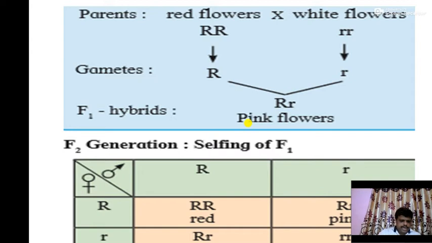When the F1 progeny is selfed to raise the F2 generation, the F2 ratio is 1 as to 2 as to 1, that is red as to pink as to white. So this is simply regarding incomplete dominance.